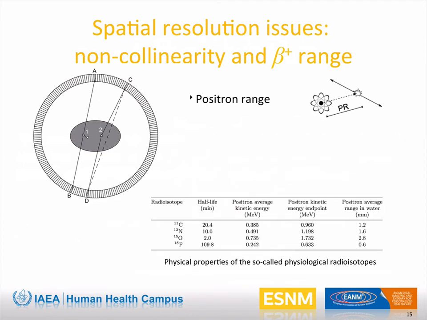In water, the average range of the positrons emitted from the most widely used PET radionuclides is about 1–2 millimeters, as reported in this table. This means that when we define a line of flight, it's not actually the line along which the emission occurred, but the line along which the annihilation occurred.